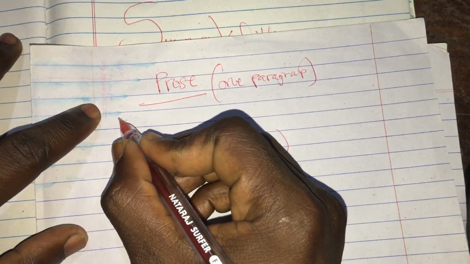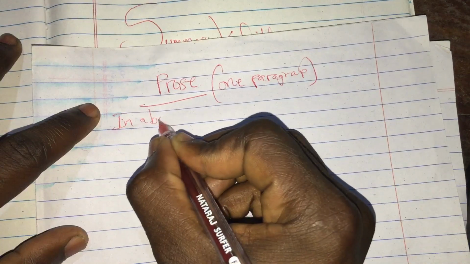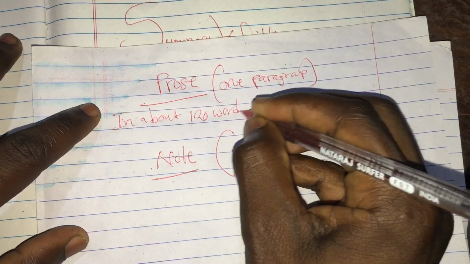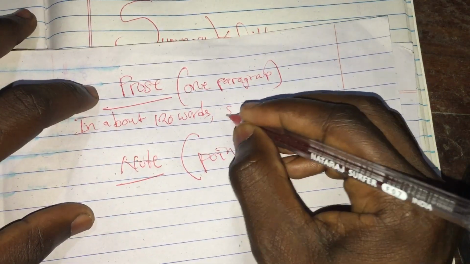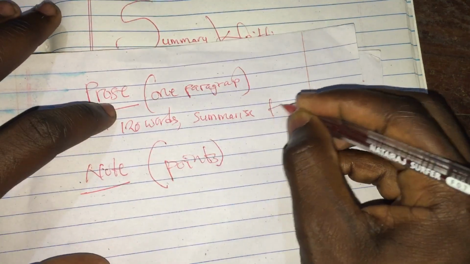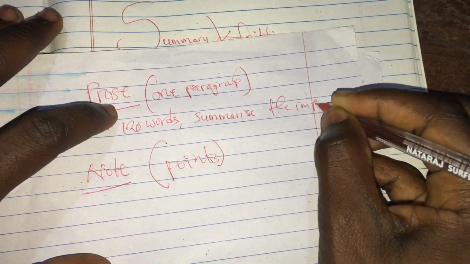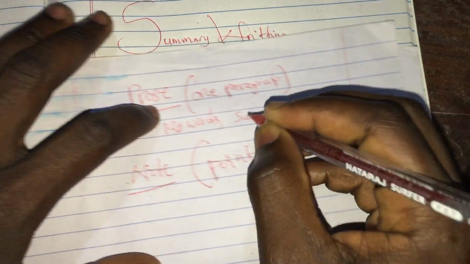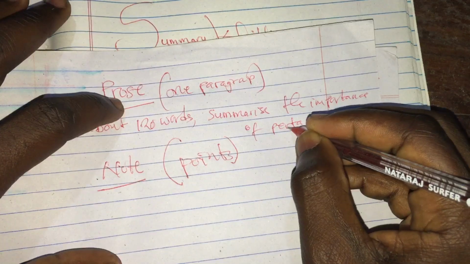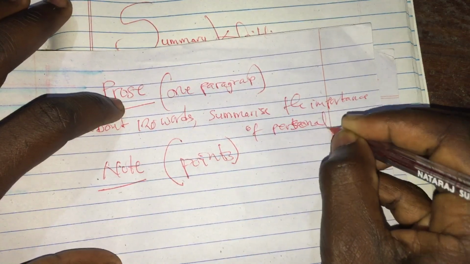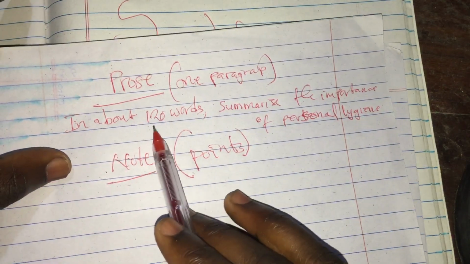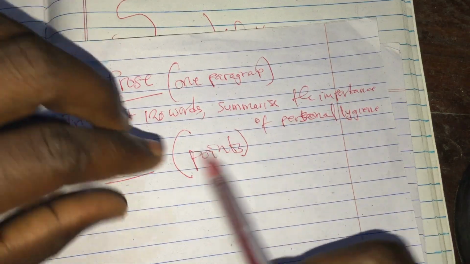They'll say, in about, let me say, 120 words, summarize the importance of personal hygiene. Alright, so in about 120 words, summarize the importance of personal hygiene.